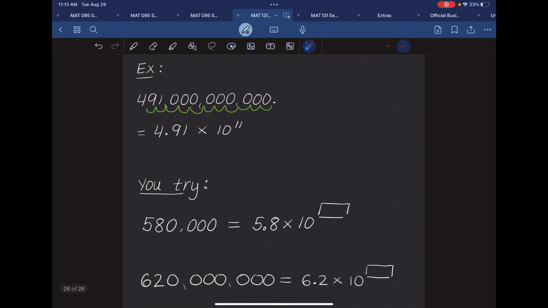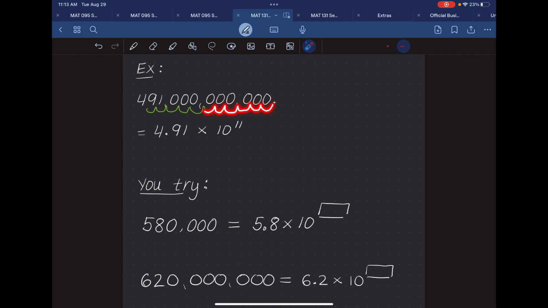So another example, we have this very large number, 491 followed by 9 zeros. And I can write this as 4.91 times 10 to the 11. And I want you to notice that the 11 comes from counting how many times I move my decimal point.